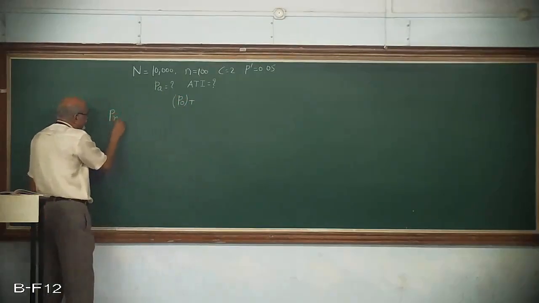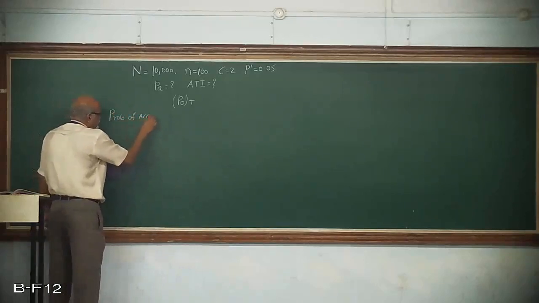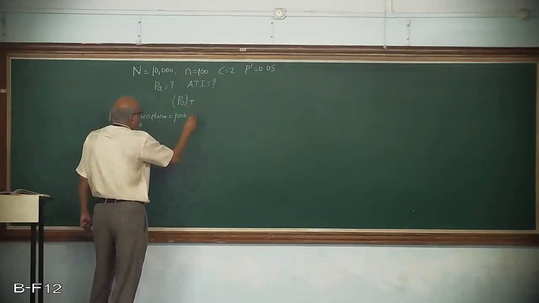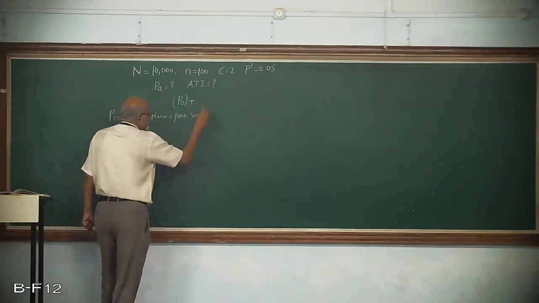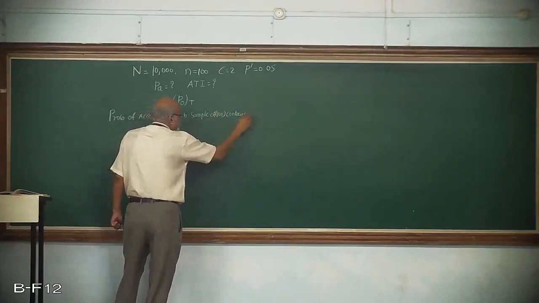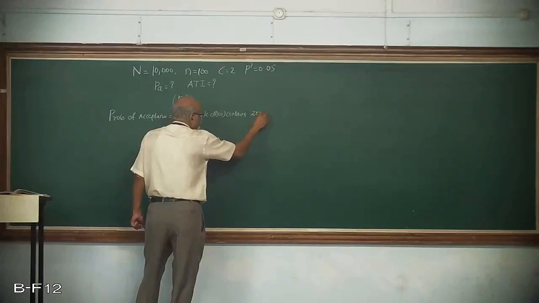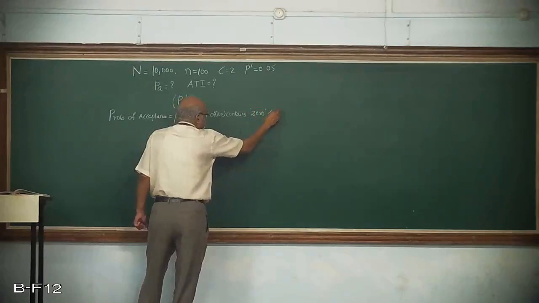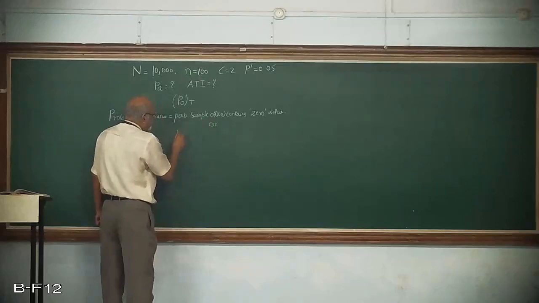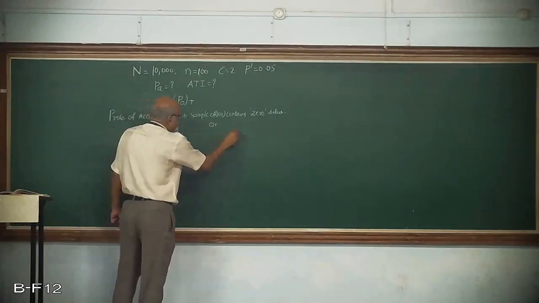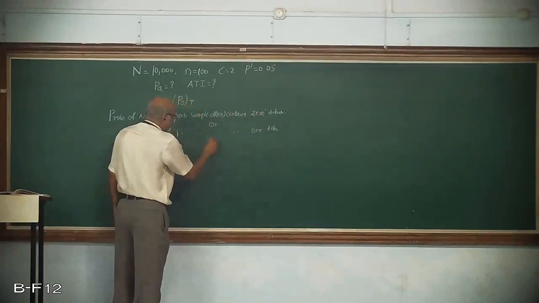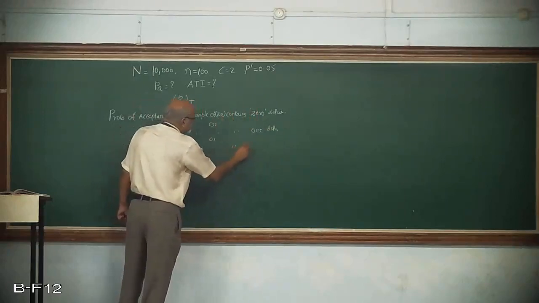Probability of acceptance is equal to the probability that the sample of 100 contains 0 defective, then it will be accepted. Or the probability that the sample of 100 items contains exactly 1 defective, or that the sample contains 2 defectives.